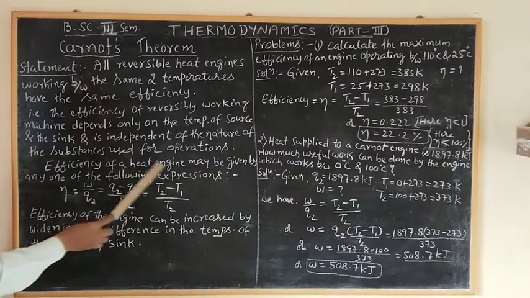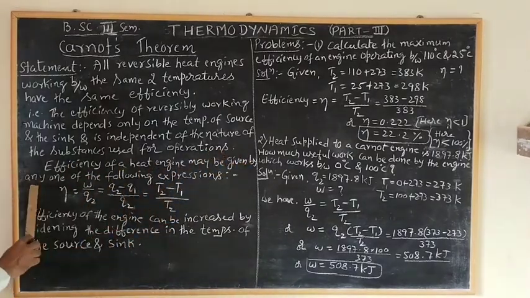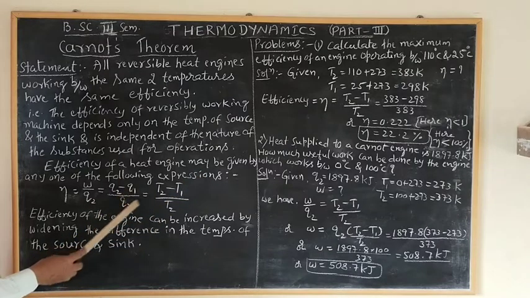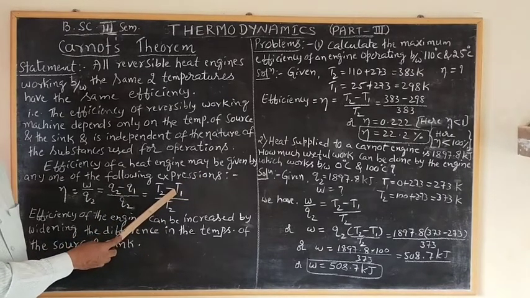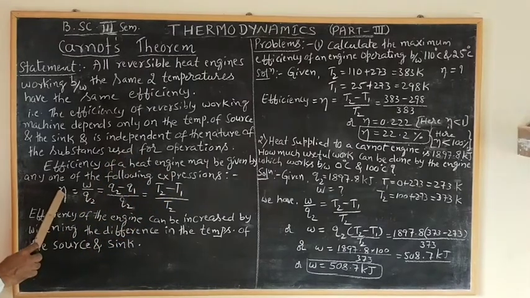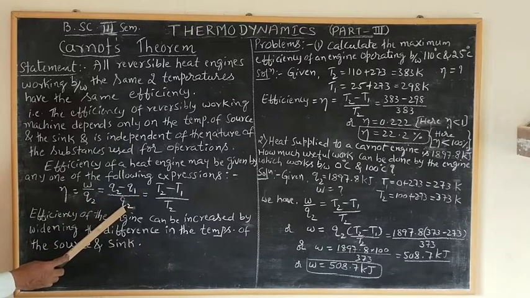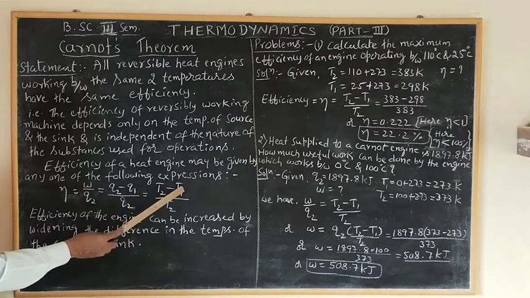So, the efficiency of a heat engine may be given by any one of the following expressions. Either it can be expressed in terms of quantity of heat, or in terms of difference of temperatures. Eta, this symbol is called eta, is equal to W by Q2, is equal to Q2 minus Q1 by Q2, is equal to T2 minus T1 by T2.